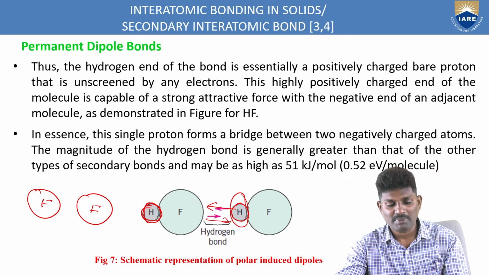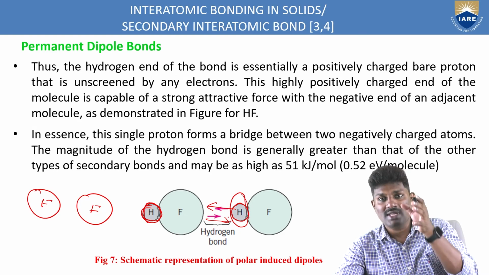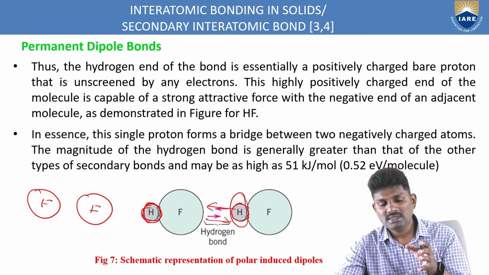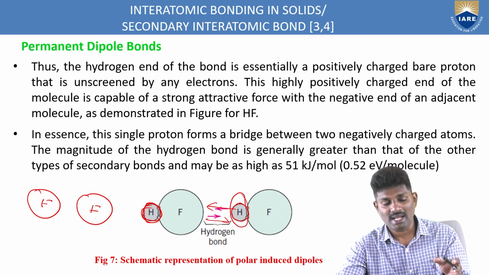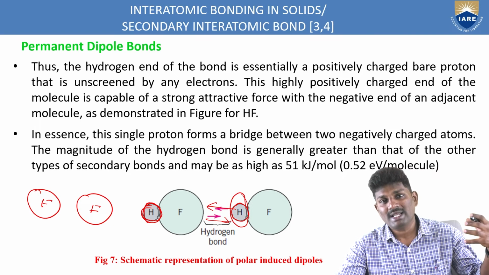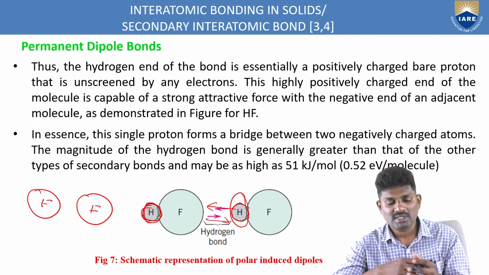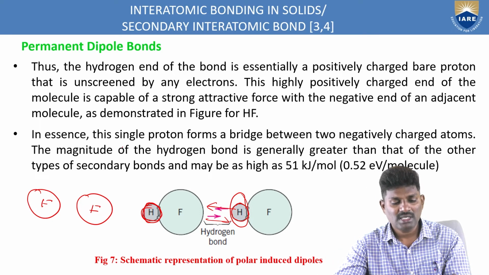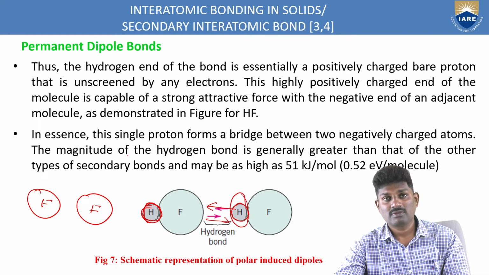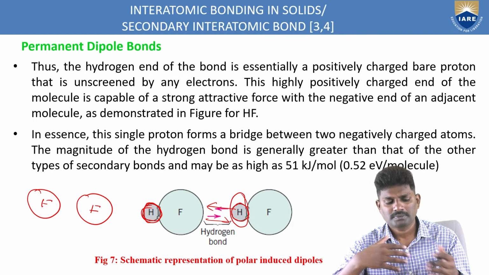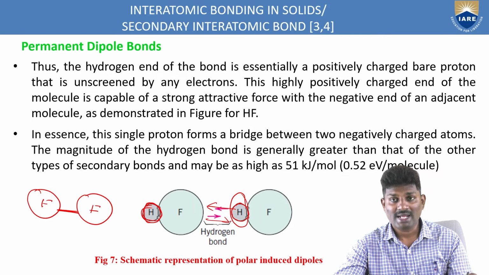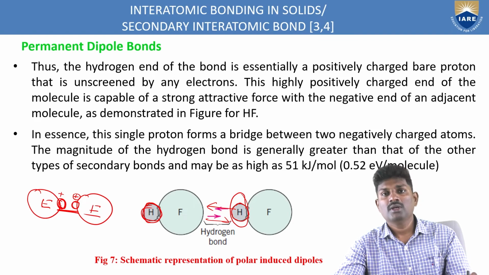So this is what is happening. Though it is unscreened because no other electrons are coming into the picture, this hydrogen has a highly positive charge end, and this is capable of a strong attractive force between the negative ends of the adjacent molecules to get a good bonding energy. So this single electron is acting as a bridge between these two. Though you can't see it, there is the existence of the hydrogen with a positive charge so that you will get a strong bond between these two.